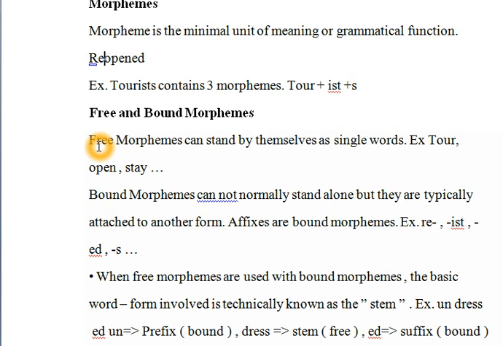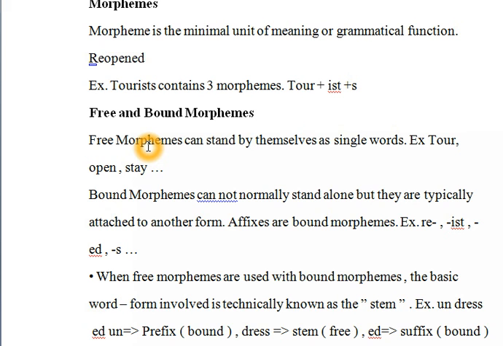First we have to define what is meant by a free morpheme. As you can see here, it is those morphemes that can stand by themselves as single words. For example, we have verbs, adjectives, nouns.